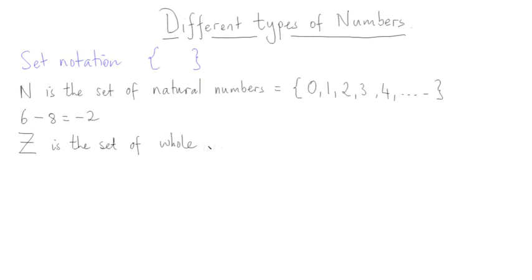But the whole numbers can be positive or negative. So, for example, minus 3, minus 2, minus 1, 0, and then going up: 1, 2, 3, 4, and so on.